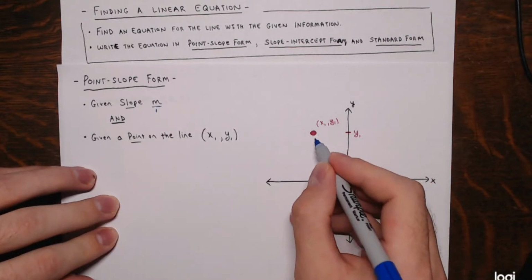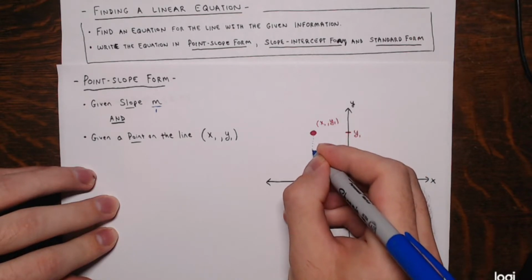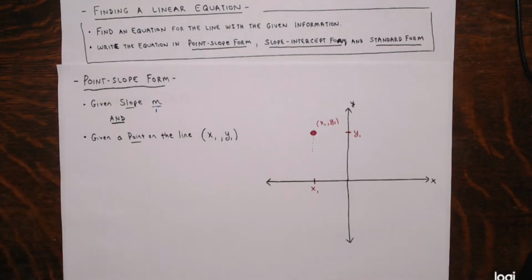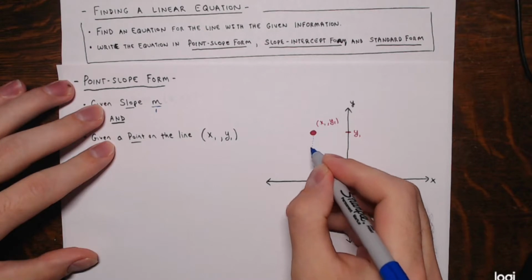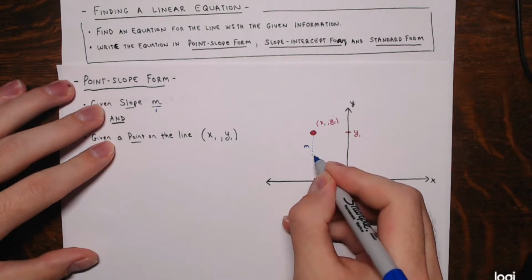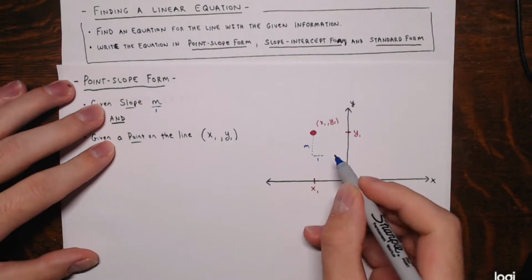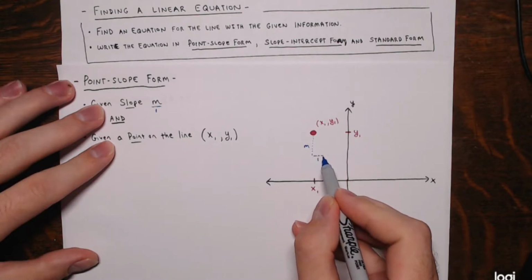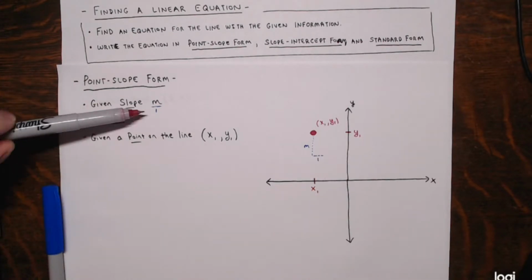So if I go up or down m, I'm just going to go down here because of the way my picture is set up, but it could be up. Just understand that it could be in any direction. So I go down m units, and if I go down m, then I go right or left 1 unit, as long as the vertical change divided by the horizontal change is m to 1, equal to m.